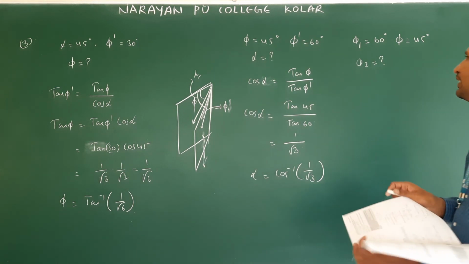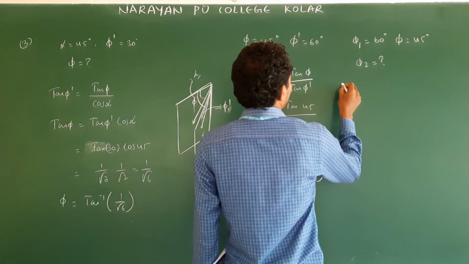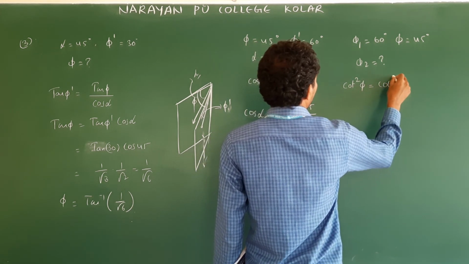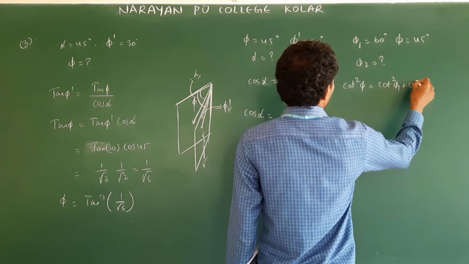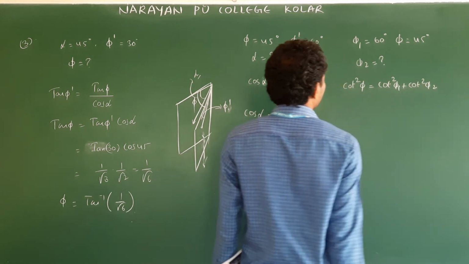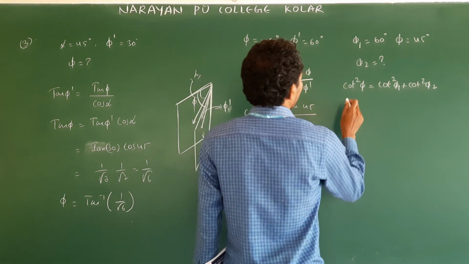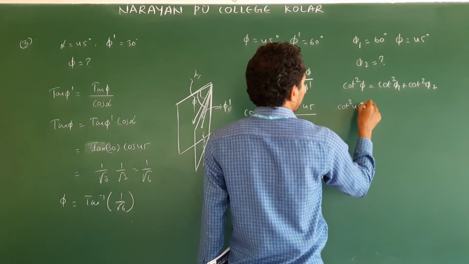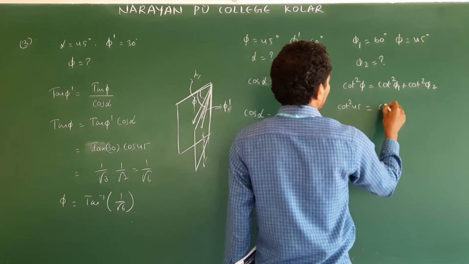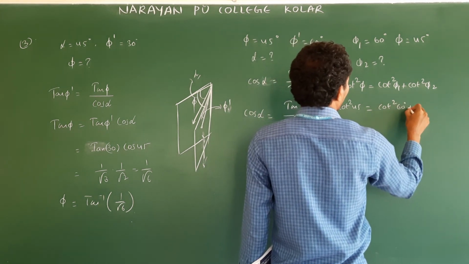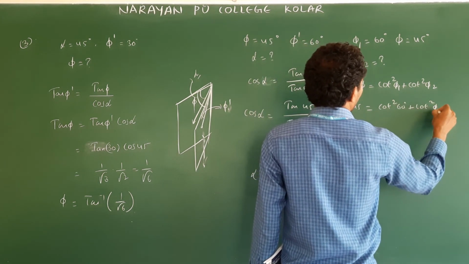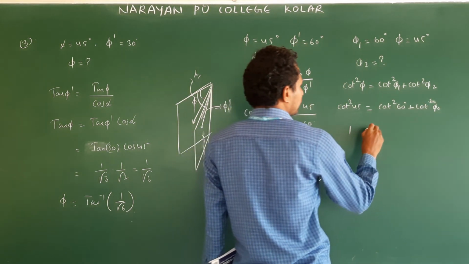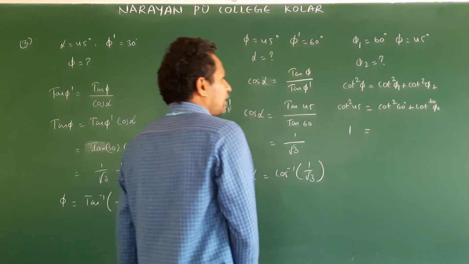So we have a relation. What is that? Cot square phi is equal to cot square phi 1 plus cot square phi 2. So substitute the values. Cot square 45 is equal to cot square 60 plus cot square phi 2. Cot 45 is 1.